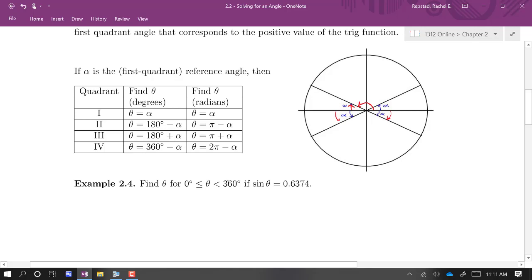So first, we'll note that sine theta is 0.6374. That's positive. And where is sine positive? Well, sine being the y-coordinate means that it's positive in quadrants 1 and 2. So I'm going to make a note of that.